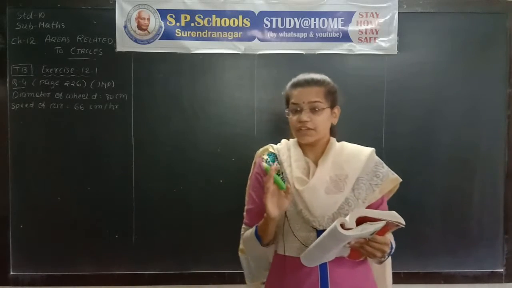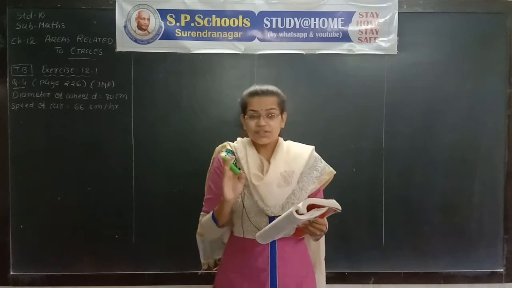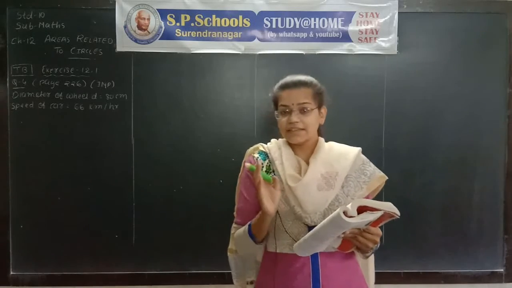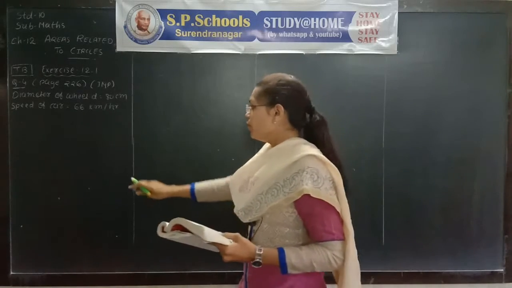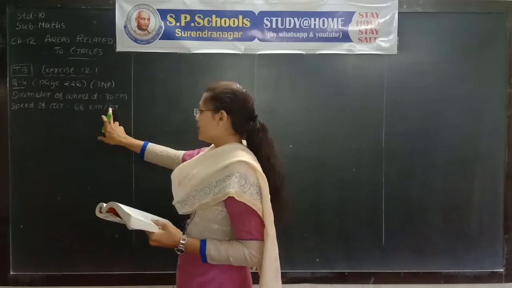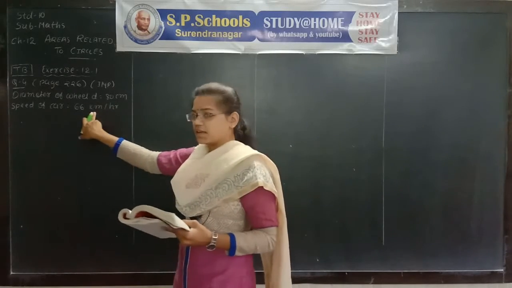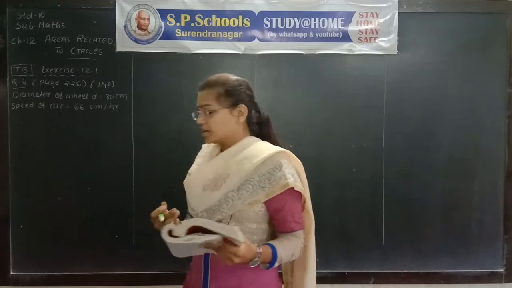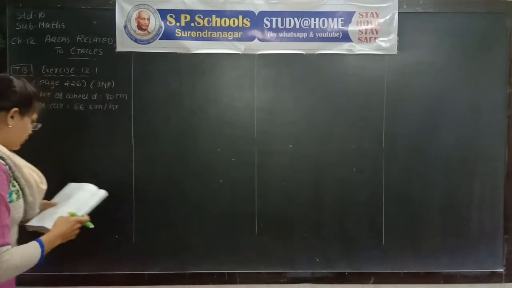For that, we need to find the distance traveled by the car in 10 minutes. As we know, the distance traveled by the car in 1 hour is 66 km. For that, we require the circumference of the wheel.